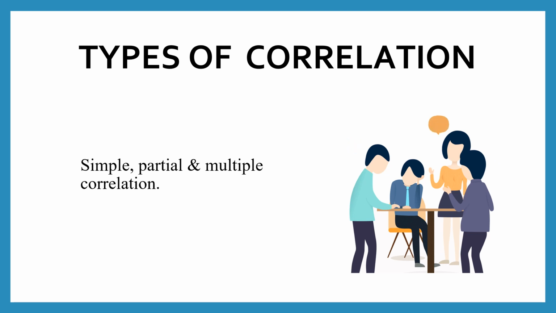For example, study of relationship between saving and investment. When the relationship between any two out of three or more variables is studied, ignoring the other related variables, it is a case of partial correlation.